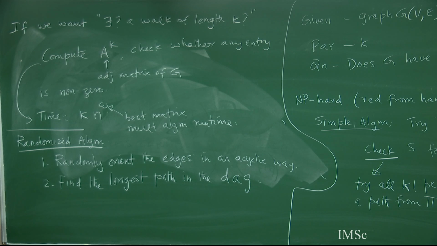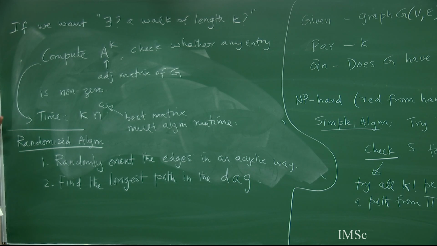I mean, you can do some dynamic programming, but one easy thing is to find the source. If it's an acyclic graph, it must have a source, right? There must be a vertex with no edges coming in, only edges going out. Take that as the first vertex, and then in the remaining graph find the longest path and attach this. Or you find a sink and make that the last vertex. So there are easy ways of finding the longest path in a directed acyclic graph.